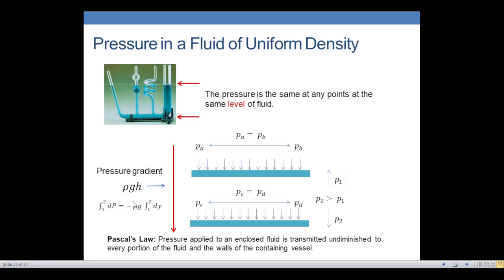What is just changing is the elevation, or the dy. That's why we have the differential symbol here: dy, or the elevation, and the pressure. So if the elevation is changing, the pressure is also changing.